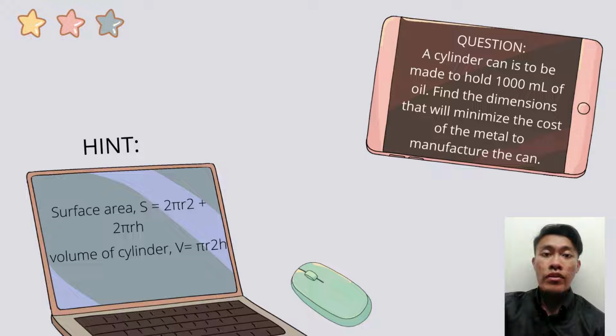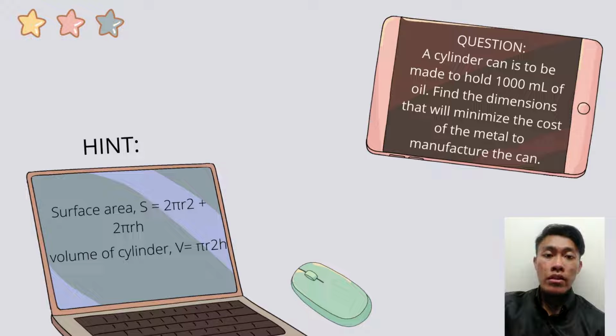There are two given equations, which are the hints to solve this question. The first one is the surface area S equal to 2 pi r squared plus 2 pi r h. r in this question is the radius of the cylinder and h is the height of the cylinder. The second given hint is V equals pi r squared h.